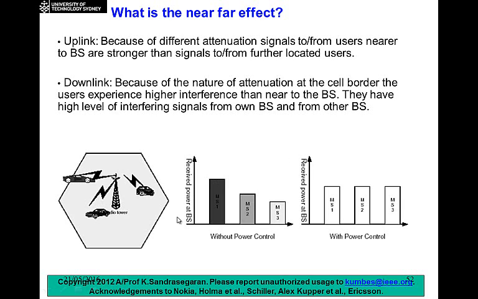Let's consider the case where we have 3 users in this particular cell, and they're all transmitting to the base station. This graph on the side represents the received power from these 3 transmitters. If mobile station 1 was very close to the base station, and its signal was received at very high power compared to MS2 and MS3, then this signal will drown out the rest of them.